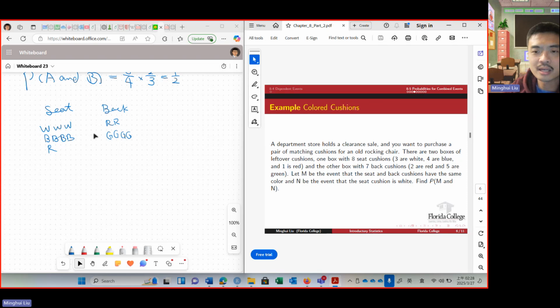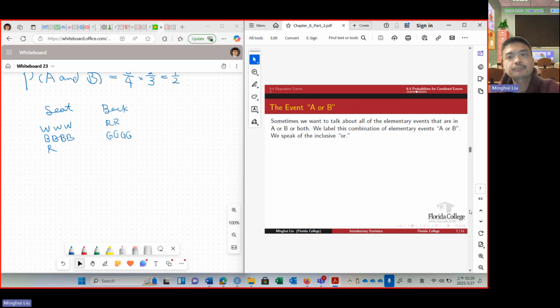The answer is no, that's not even theoretically possible. So in this case, M and N have nothing in common. In other words, the probability of M and N becomes 0. So the solution is 0 because that's impossible.